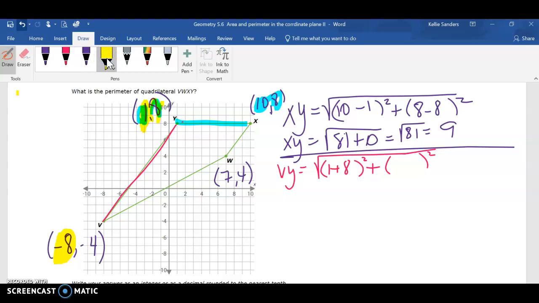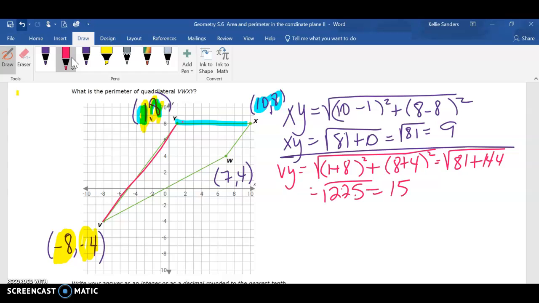And then 8 minus a -4. 8 minus a -4 would be +4. Which would be 1 plus 8 is 9. 9 times 9 is 81. 8 plus 4 is 12. 12 times 12 is 144. 225. And the square root of 225 is 15.